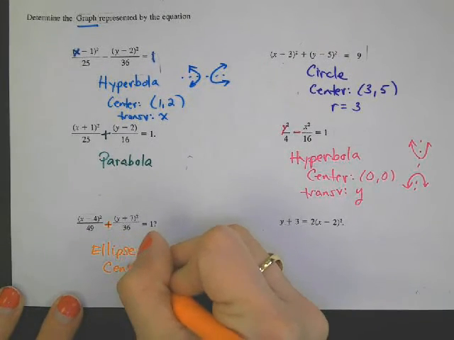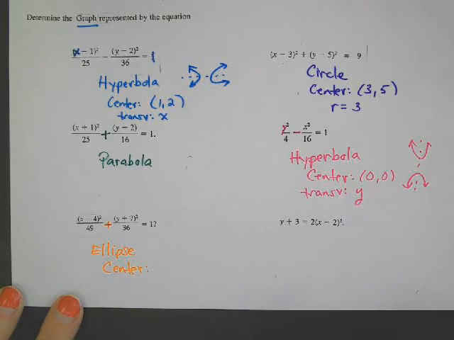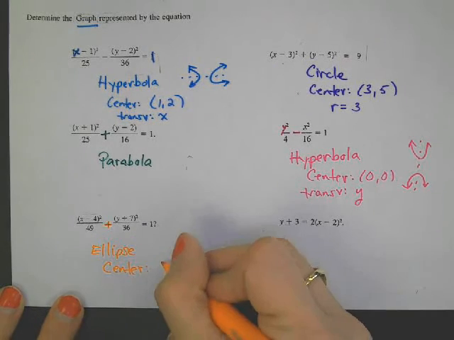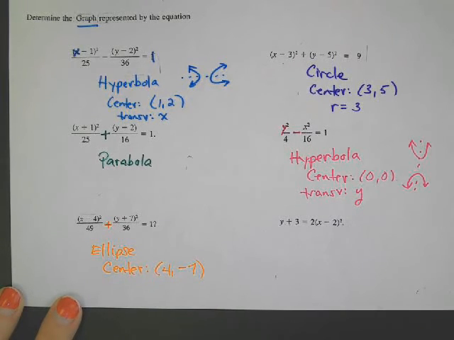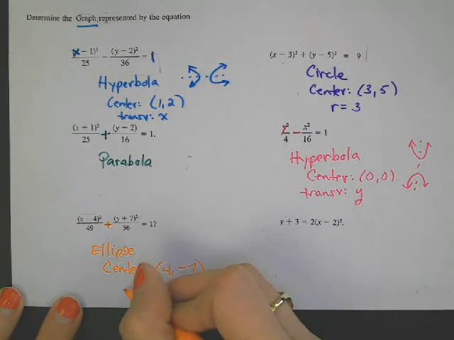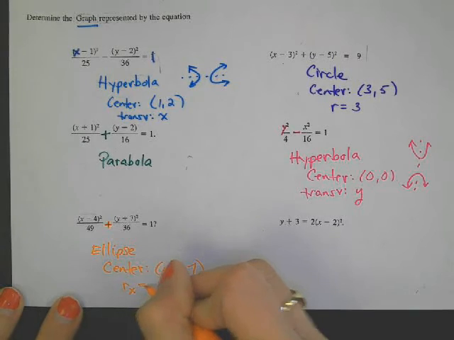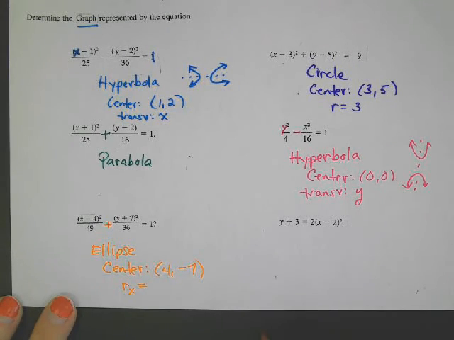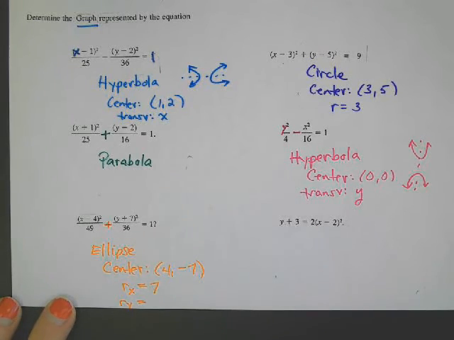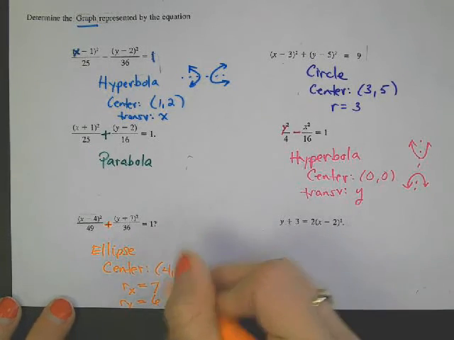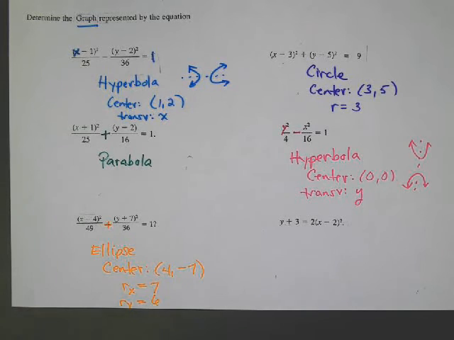Can you tell me the center? 4, comma, -7. Can you tell me, let's do the radius, but r sub x. What's his radius? R sub x, 7. And how about r sub y? How about the radius in the y direction? 6. Knowing this stuff would be enough to find the picture if you needed to.